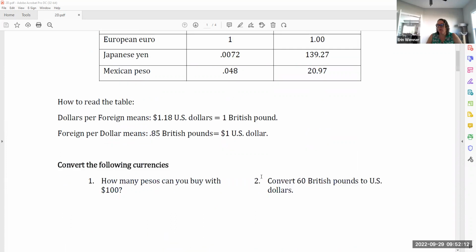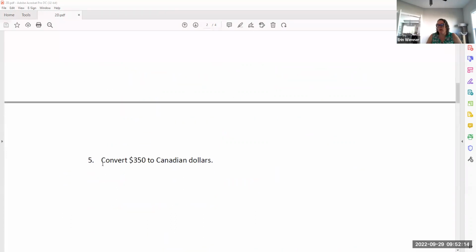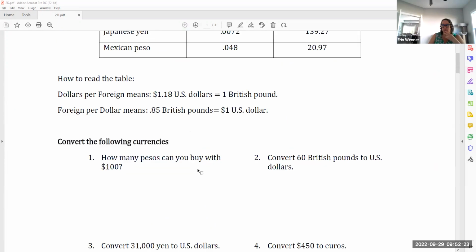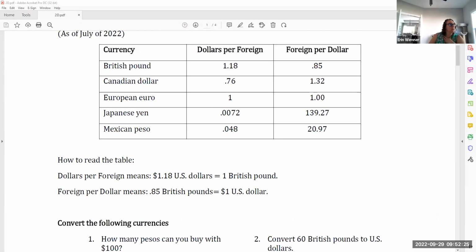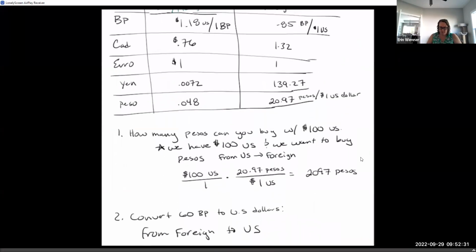So again, we're doing number 5, which says to convert 350 to Canadian dollars, which means we're going from US to Canadian. So let me show you my handwritten notes. Okay.